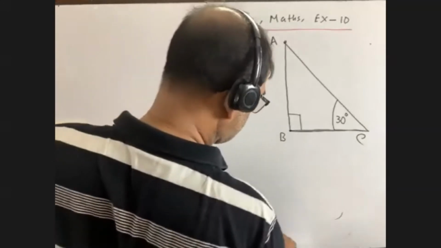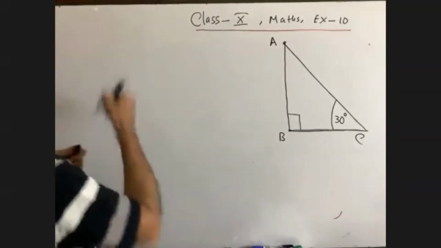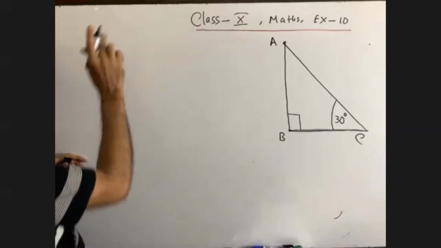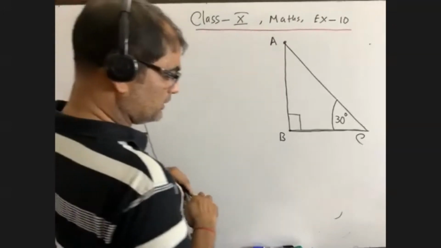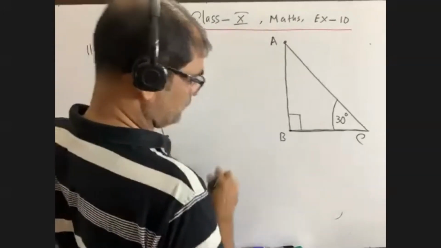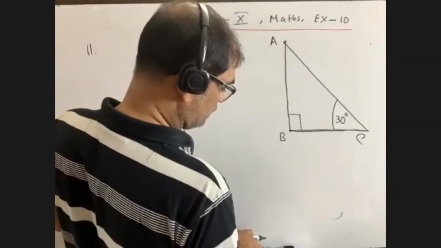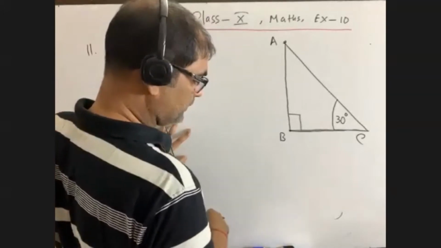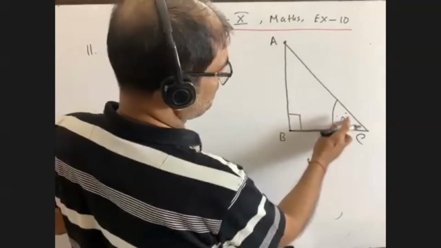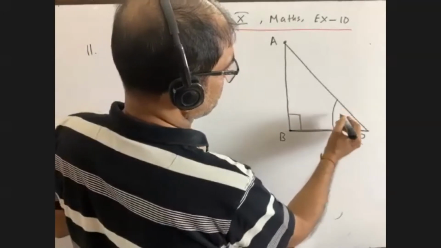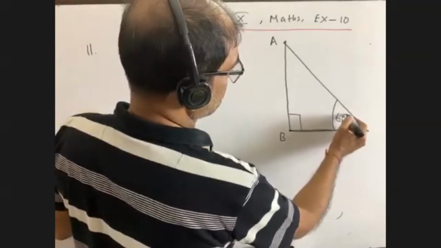Going to question number 11. Now question number 11. It is told if the top of a tree is 20 meters distance from the foot on the ground, at any point on the ground, and the angle of elevation is 60 degree, find the height of the tree. Can you please let me know what is given here? It is 60 degrees given, right?